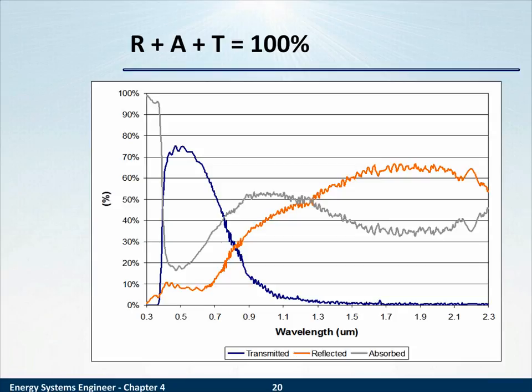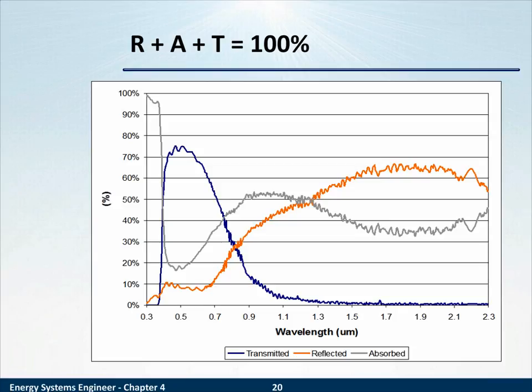First, let's look from 0.3 to 0.4 microns. That's 300 to 400 nanometers. What you see is the transmission in this ultraviolet region is about 0. So you'll see window films in this example that have 99+% ultraviolet rejection.